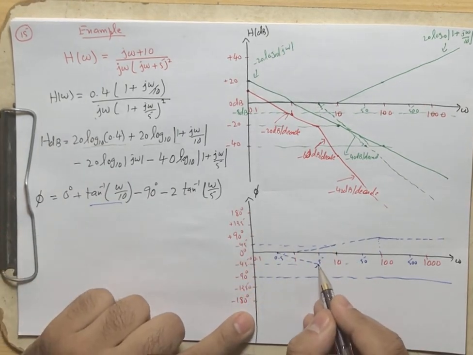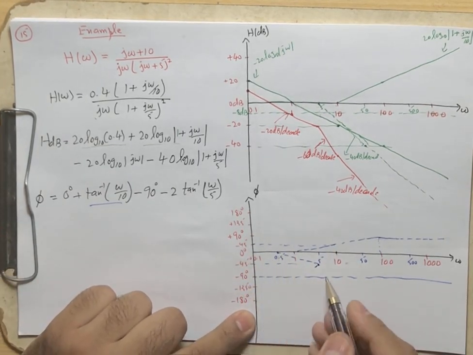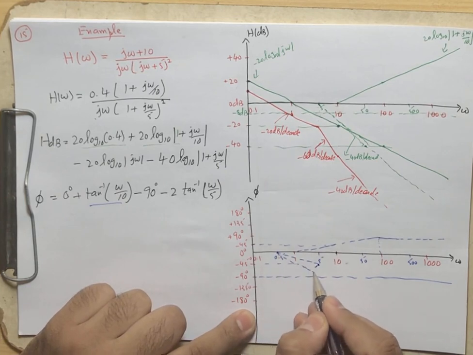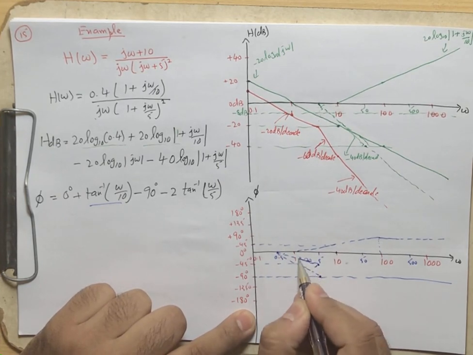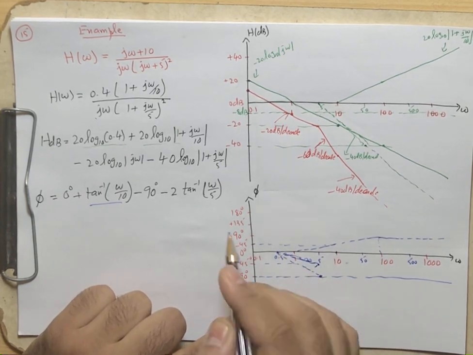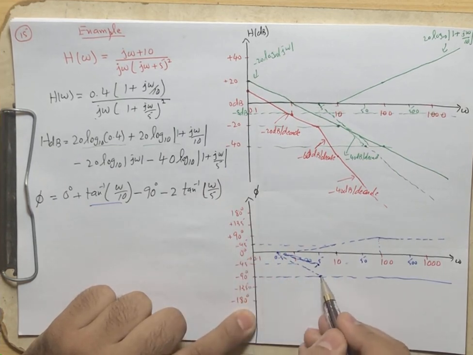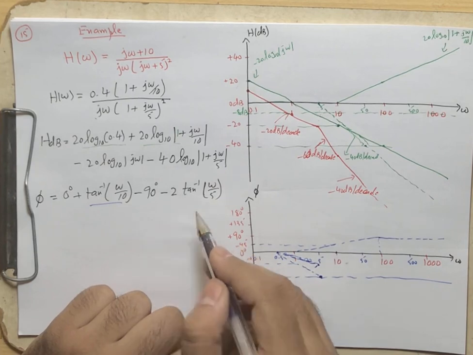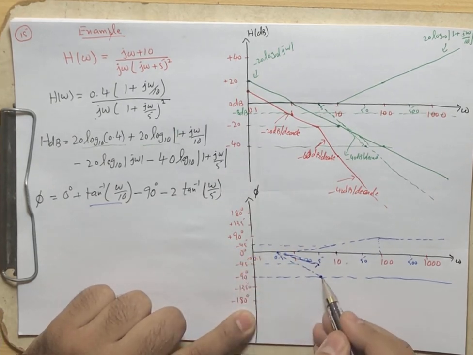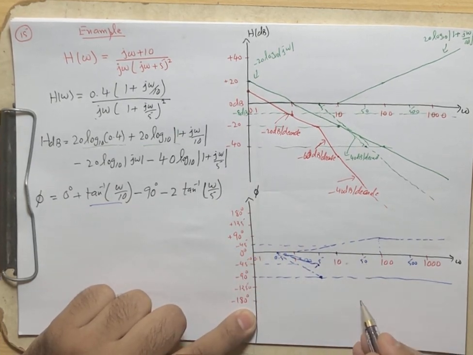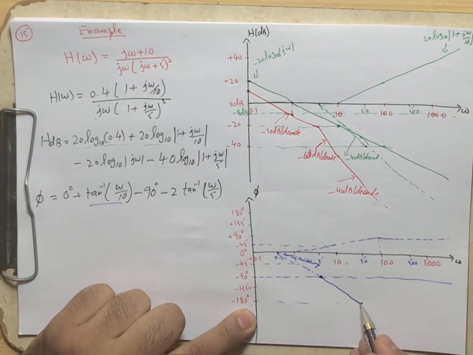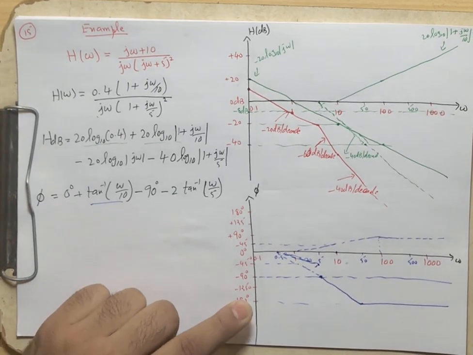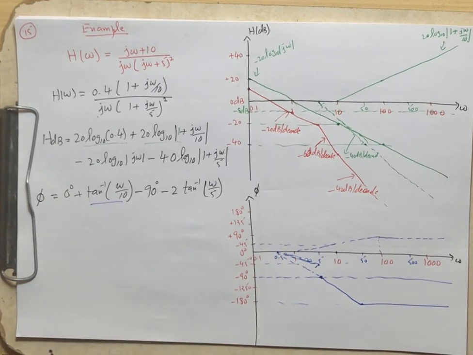So at 5, from 0.5 you will basically reach minus 90, because you have 2. One will reach minus 45, the other one also reaches minus 45, so minus 90, and at 50 you reach minus 180, and then it will be straight. Now I'm going to add all of them up.